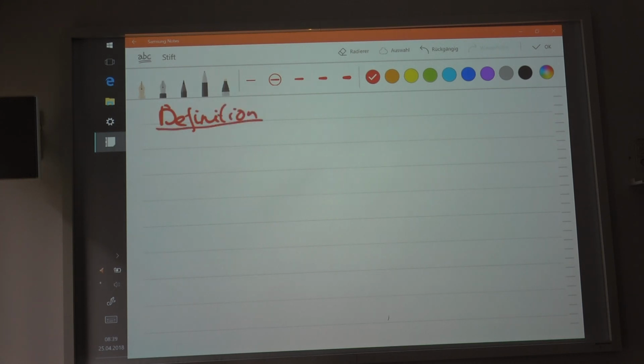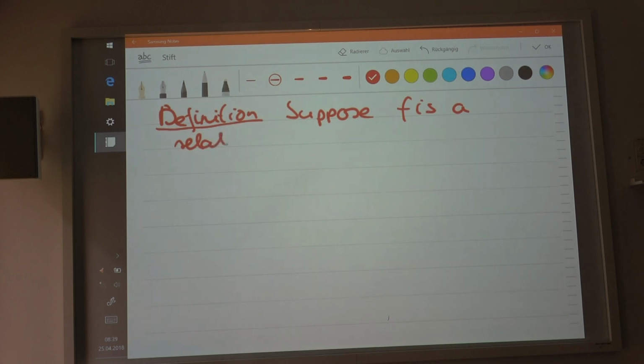Suppose that f is a relation on the Cartesian product A by B. Which means that it's a subset. So f is a subset of the Cartesian product, and you know what a Cartesian product is, you know what a subset is. I hope you don't forget these things.